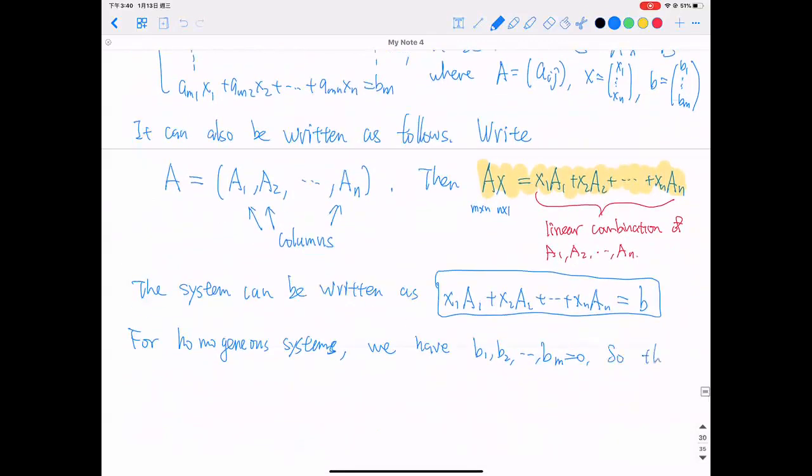So the vector B is given by a column vector of zeros like that. And we denote a column vector whose entries are all 0 by a 0.